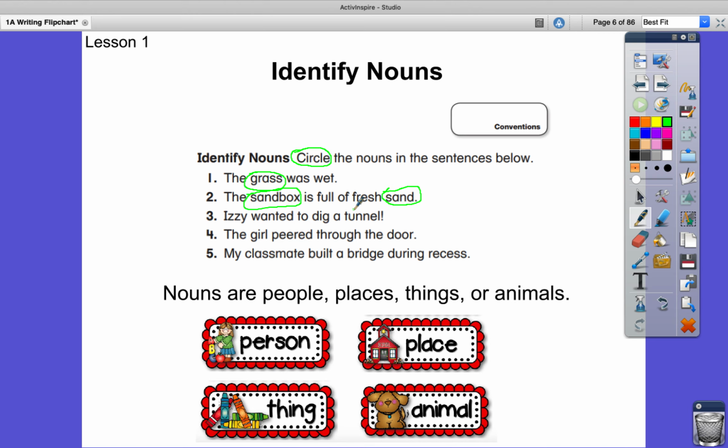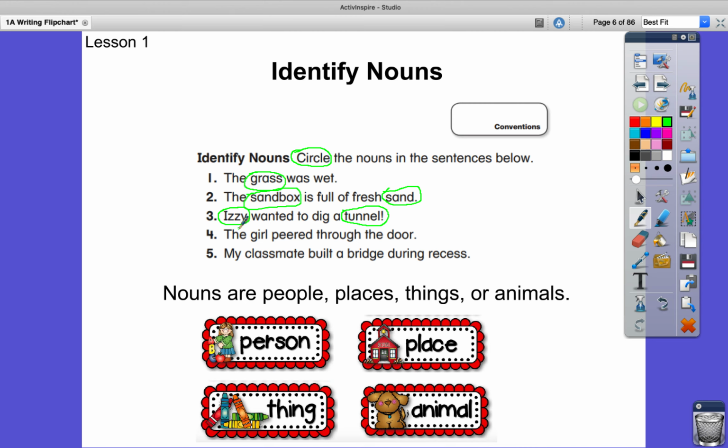Now, Izzy is one of the characters in Trouble at the Sandbox. So is she a person? Yes, she is. So I'm going to circle Izzy. And what did she want to dig? She wanted to dig a tunnel. That is also a noun. A tunnel can be considered a thing or even a place.